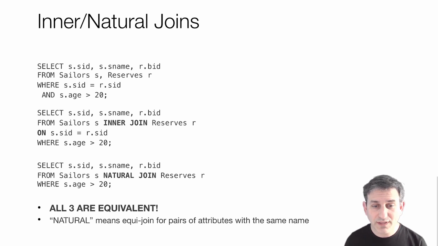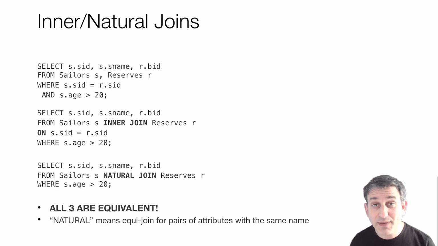Those two are equivalent. The third query we haven't seen before. So in the from clause, we're saying from sailors s natural join reserves r. And you'll notice there's no on clause in the natural join. The where is the same as it was in the inner join, and the select list is the same as it was across all three. These three queries are equivalent.